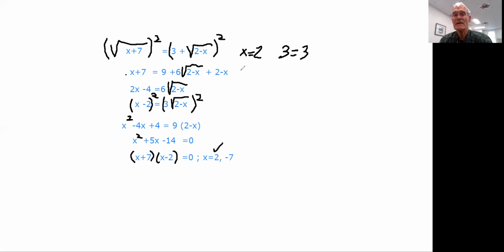Now if I put in x equals minus 7, then I get minus 7 plus 7 is 0 on the left side, and I get equals 3 plus the square root of 2 minus minus 7, which is 9, so that's 3 plus 3, so that's obviously not equal.